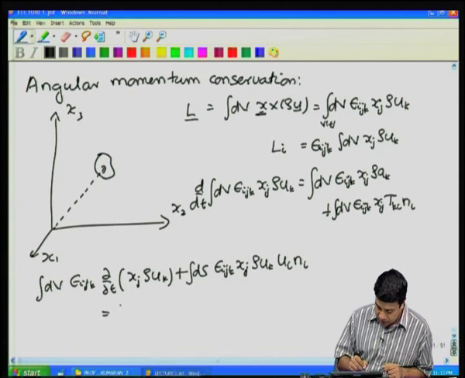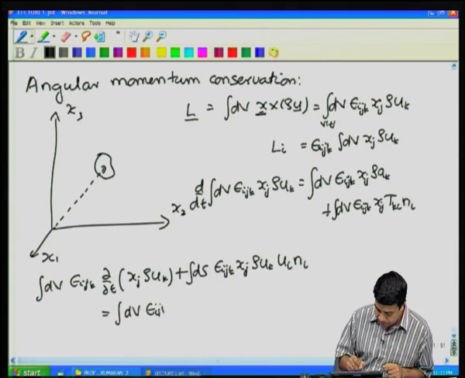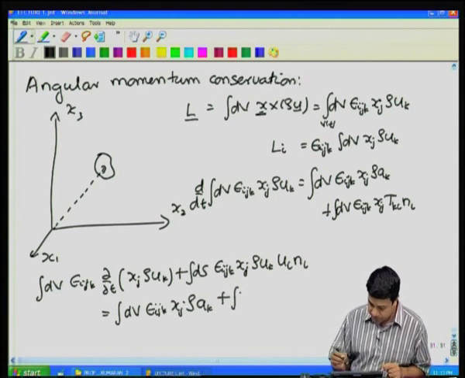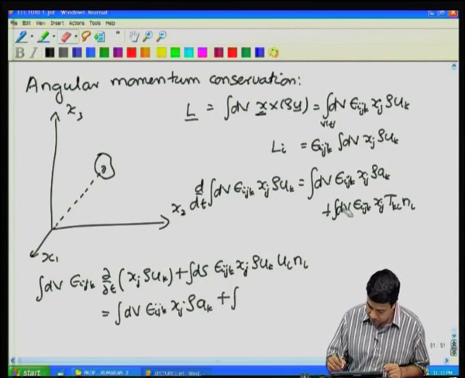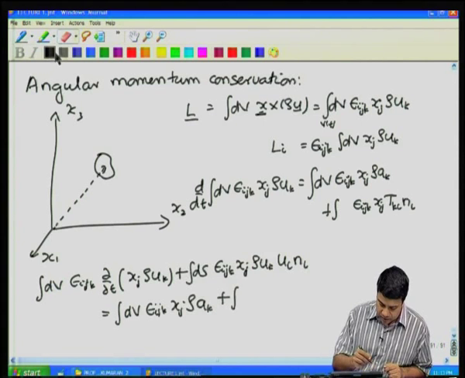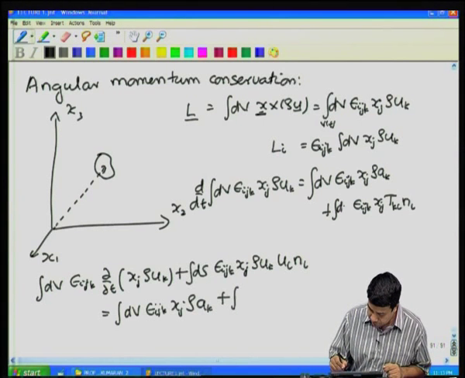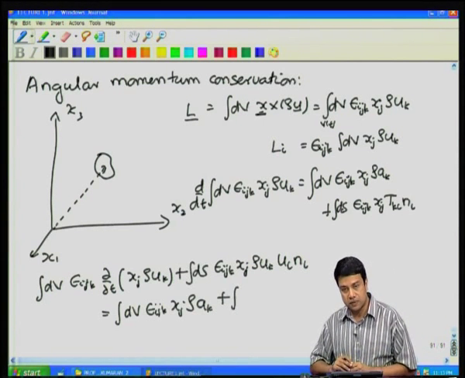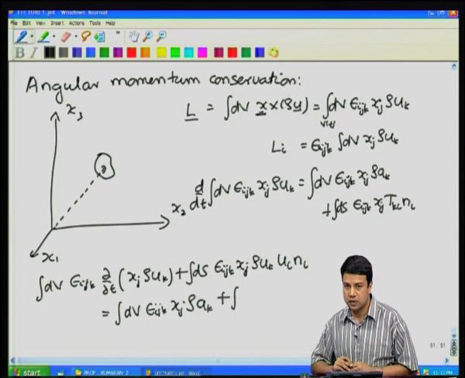And the right hand side can also be simplified: epsilon i j k x j rho a k plus integral, I am sorry, this should be a surface integral, and this surface integral I also have to convert into a volume integral.